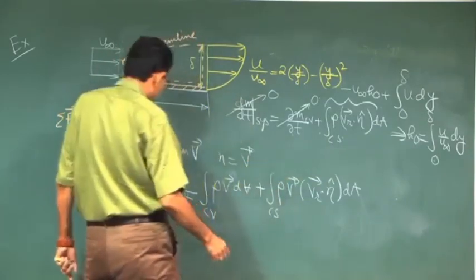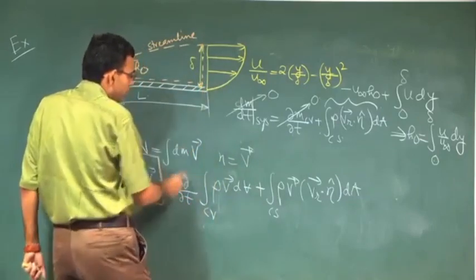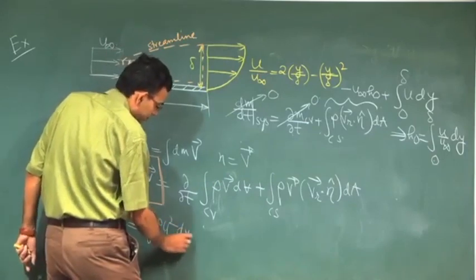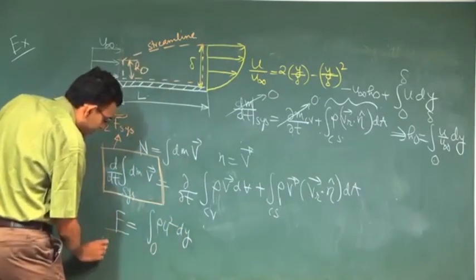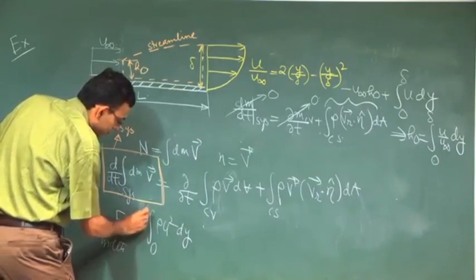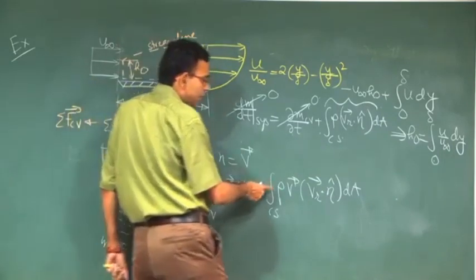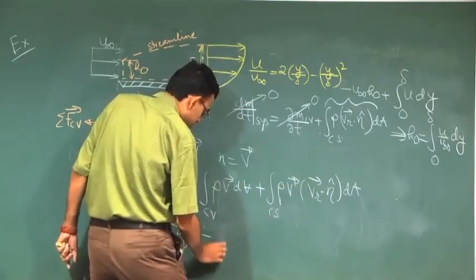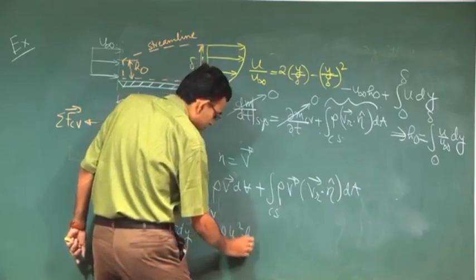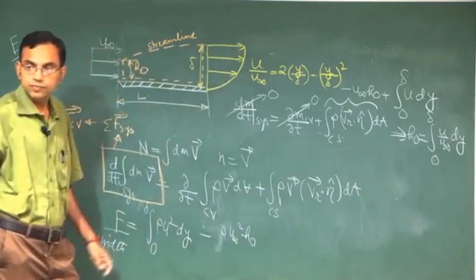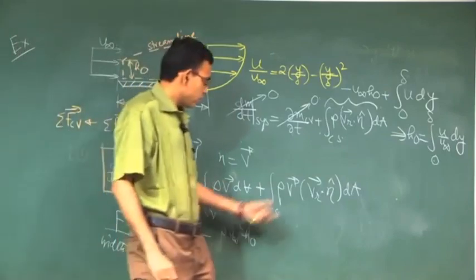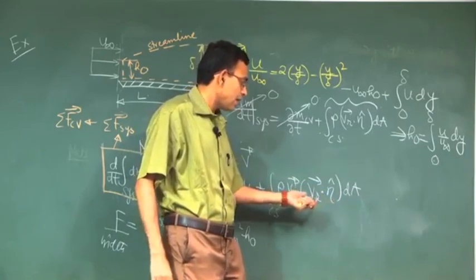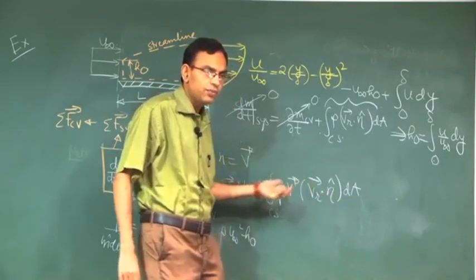The next term, outflow, is integral rho u square dy, per unit width, minus the inflow, u into u, with outflow being plus and inflow being minus.